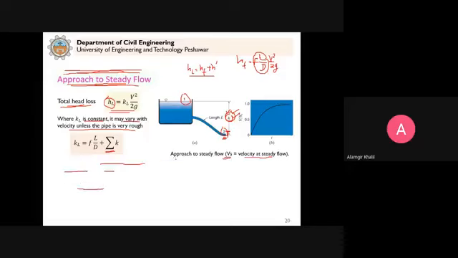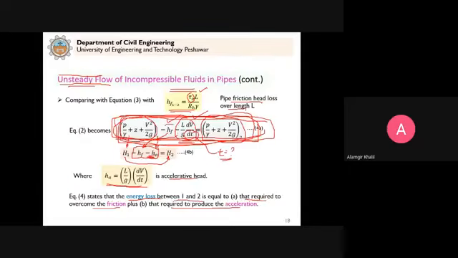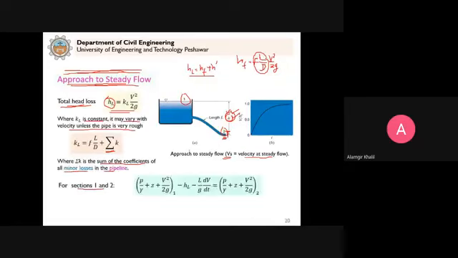That equation HF, this equation here, had only friction losses, but now we consider minor losses also, so it has become HL. That's why this is written here as HL, not HF, because now we consider the total head loss, and this is the accelerative head, because we have an unsteady flow condition.